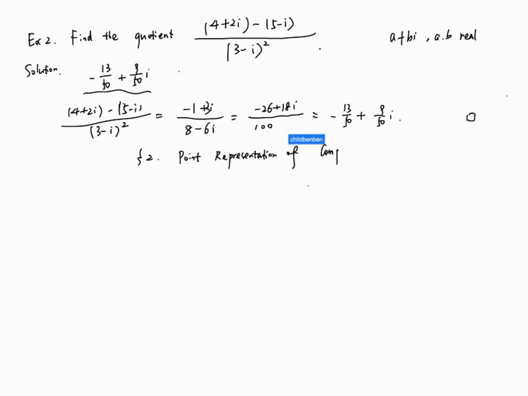As for complex numbers, we can associate them with the complex plane, which is a point, an ordered pair. For example, this number a plus bi can be determined by the pair a and b, which are the real part and imaginary part of the complex number.